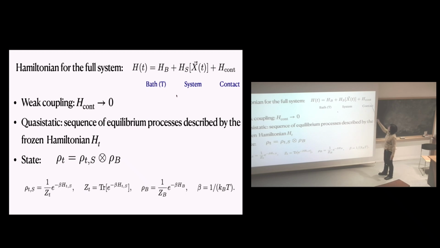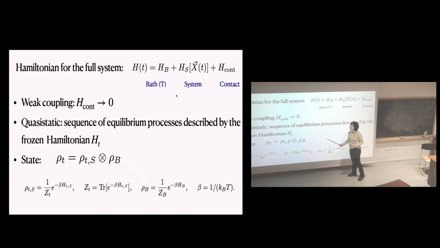And some Hamiltonian which describes the contact between the two systems. An easy situation takes place when the contact between this system and bath is very weak. So let's start in this situation.